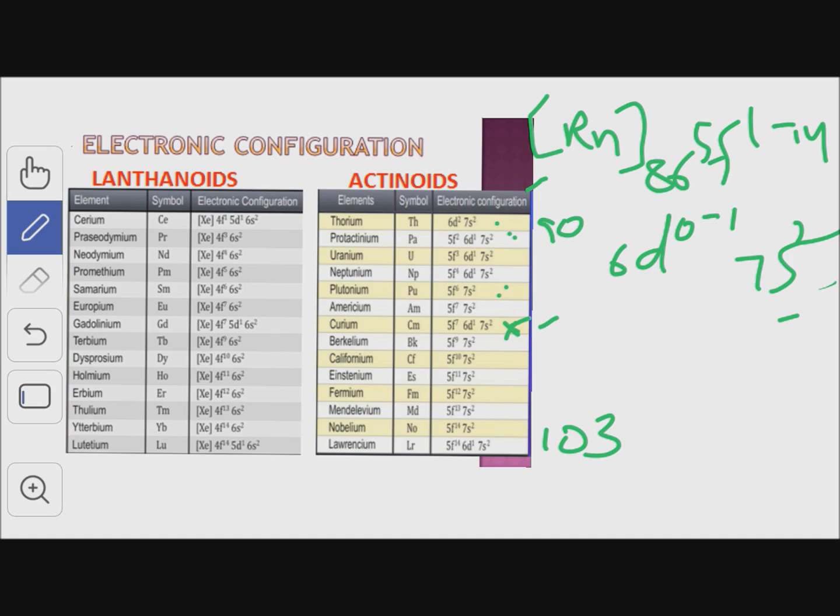There are 7 electrons in the f orbital, which shows the exactly half-filled configuration. Next is berkelium 5f9, 7s2, and this continues to nobelium 5f14, 7s2. And the last is lawrencium, in which there are 14 f electrons in the 5f orbital and 6d1, 7s2, meaning a fully filled or stable configuration.